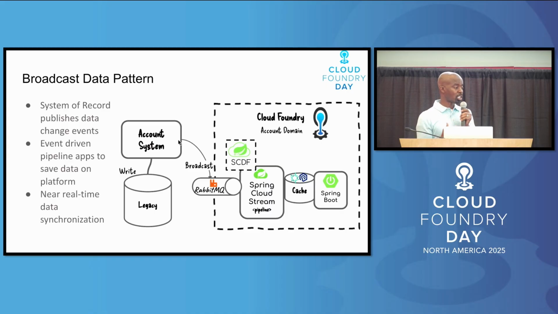And there are projects within Spring, like Spring Cloud Stream, and it can, along with Spring Cloud Data Flow, allow you to build a pipeline of applications that will consume, process, and write that data to the cache to meet whatever business requirements that you have.